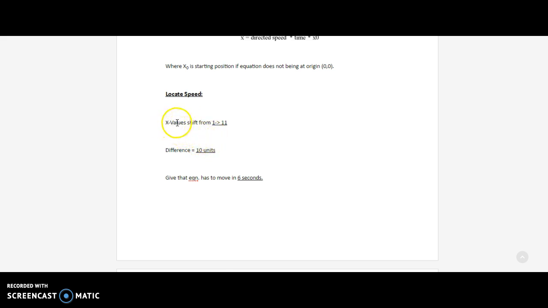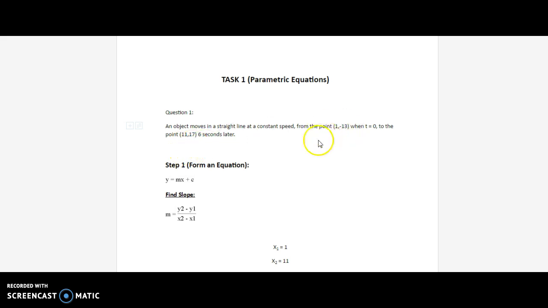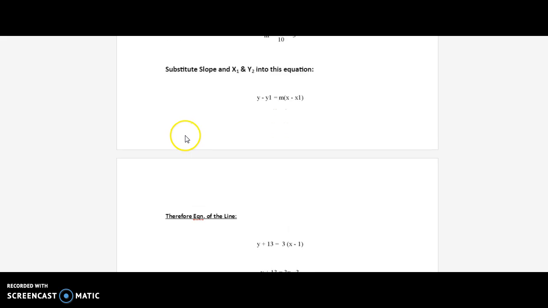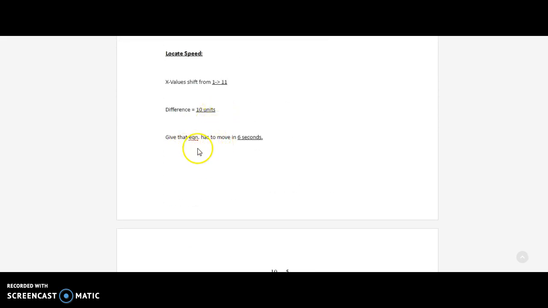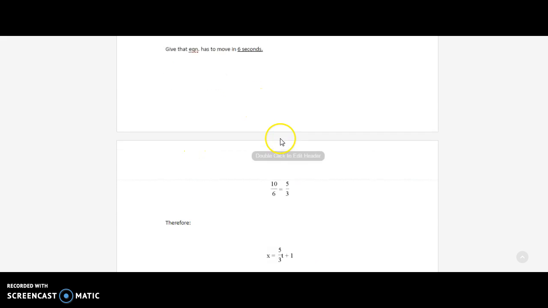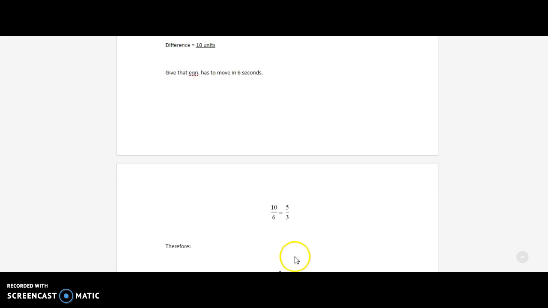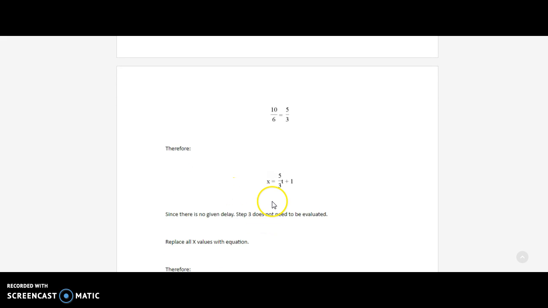The x values start from 1 and go all the way to 11, so the difference is 10 units. Since it has to move in 6 seconds, we divide 10 by 6, which is 5 over 3. Therefore, our built-in time is x equals 5 over 3 t plus 1.